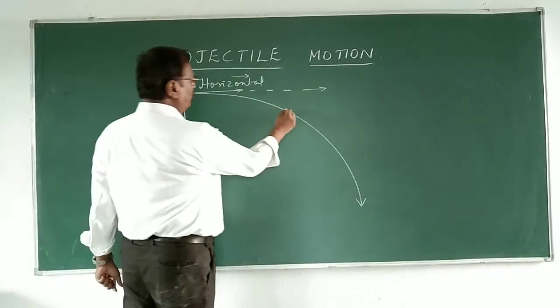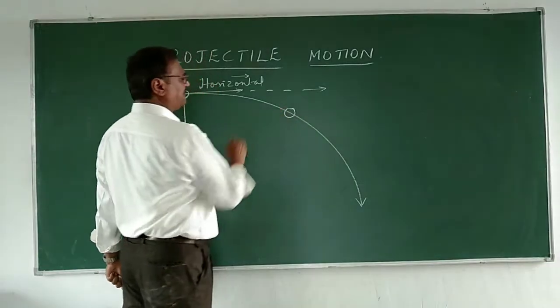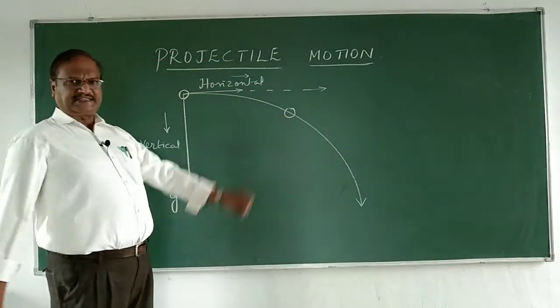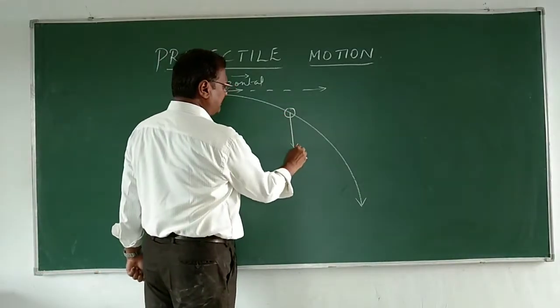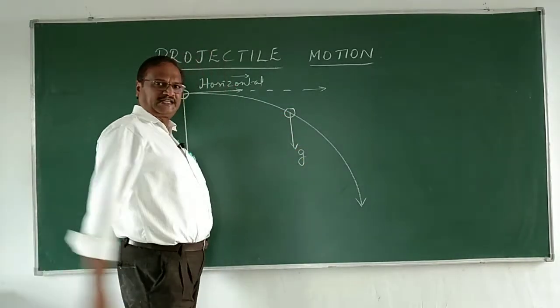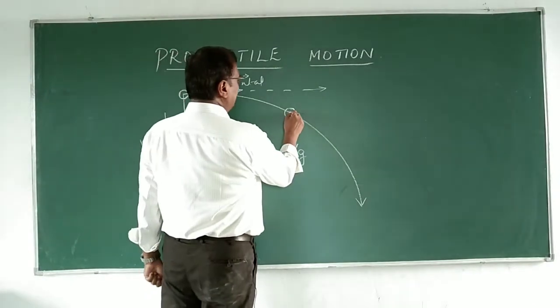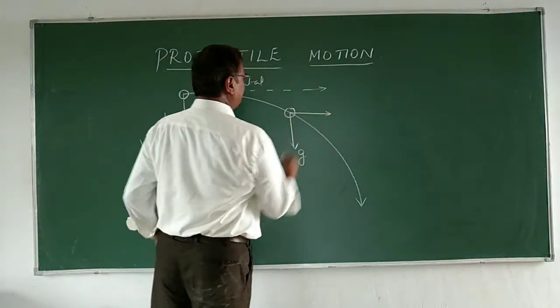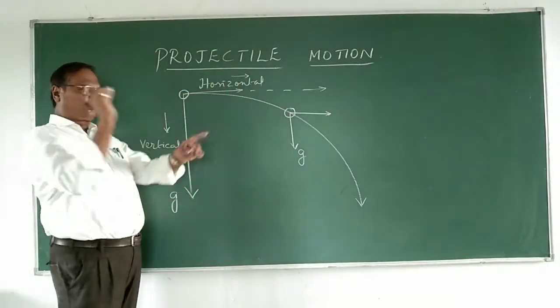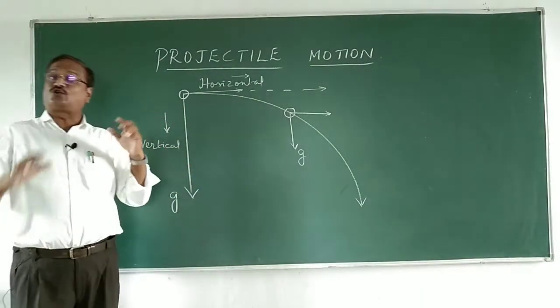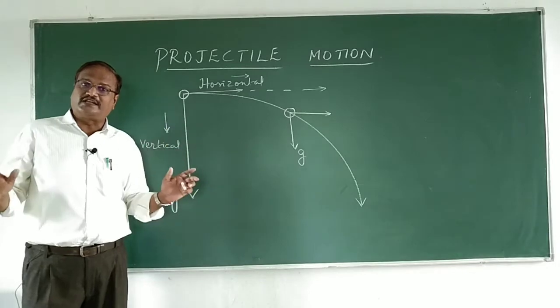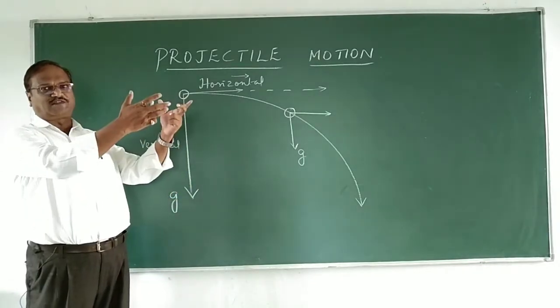Now, when I take this body and come to a point here, let me dissect it at this point. Anyway, the gravitational force g is acting, that is the vertical force, and there is a force we have given here. We have thrown this body, and once we throw the body, we lose control of its motion.